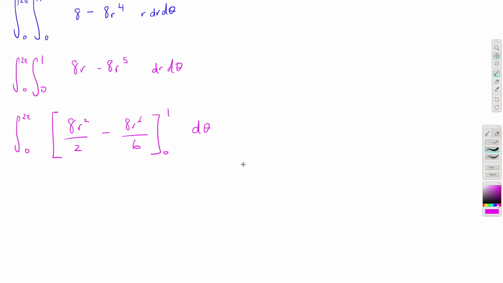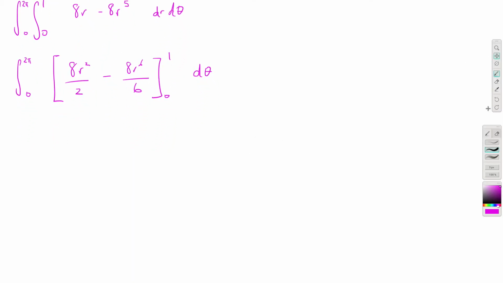Then you go from 0 to 2 pi of 4r squared minus 4r^6 on 3, between 1 and 0, d theta. So this becomes 4 minus 4 on 3.